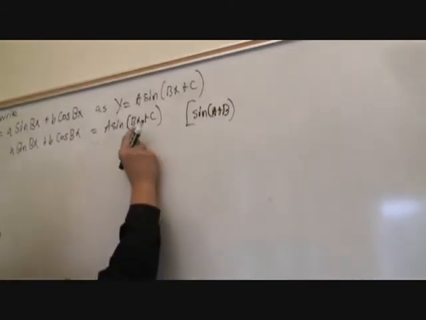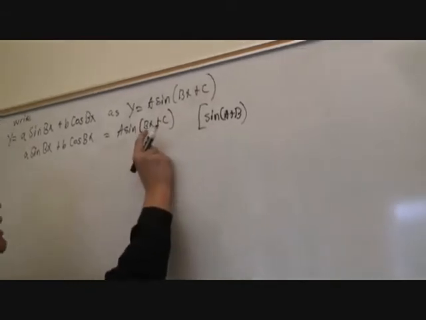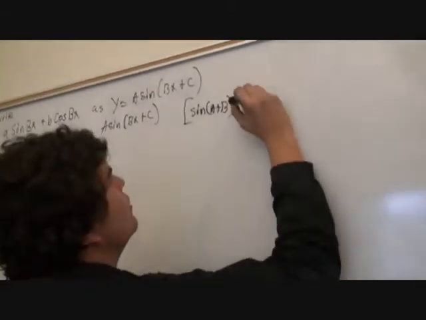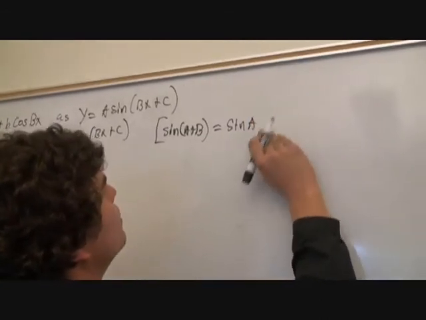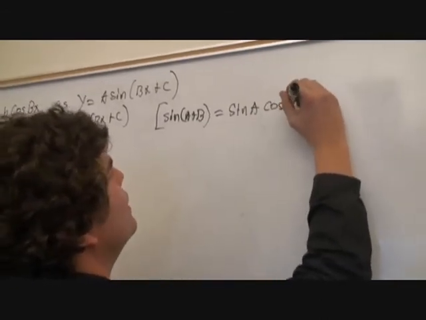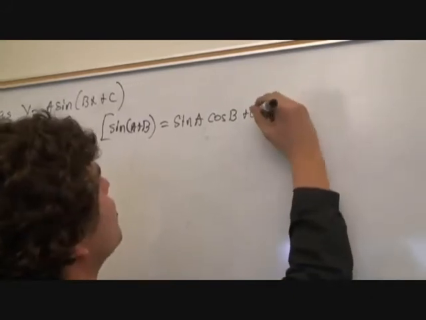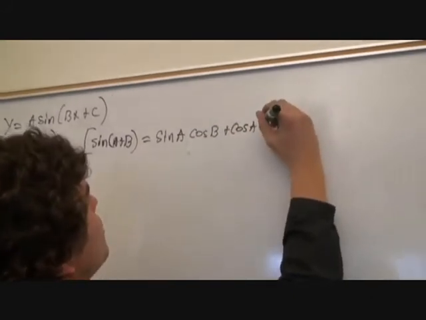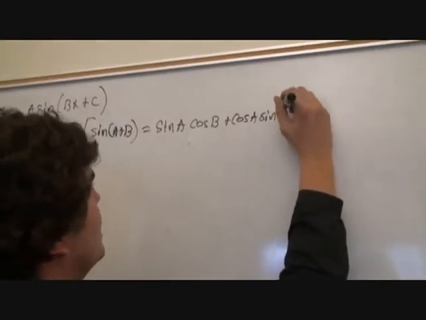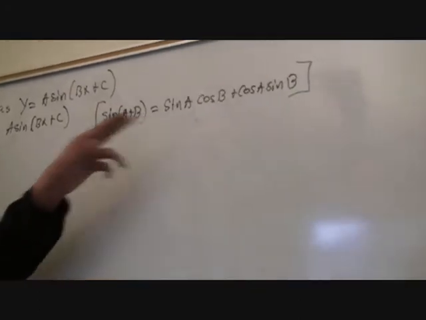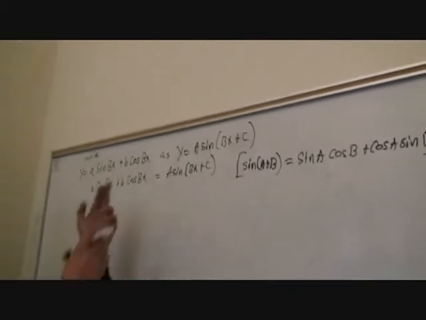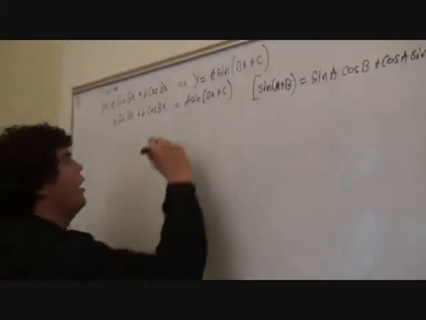And as you can see here, we have a value that would be equivalent to an a and a b is equal to the sine of a, the cosine of b plus the cosine of a times the sine of b. And we're going to use this kind of format to lay this out.